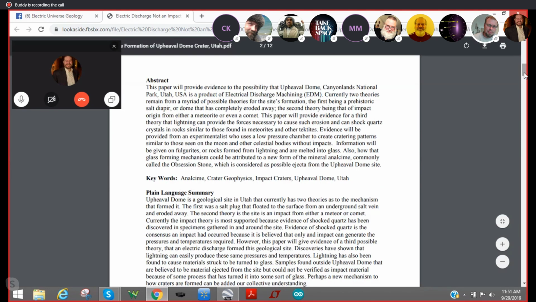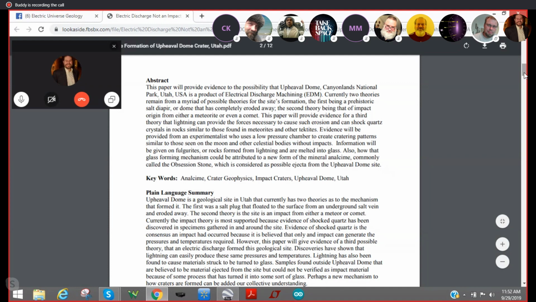So basically, the abstract focuses on this. If anybody does go to the site at Upheaval Dome, there are 2 current theories on a placard there stating the possible formations for this, according to the research that was available to them.